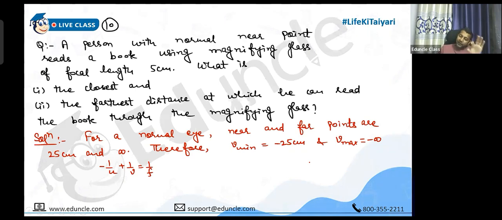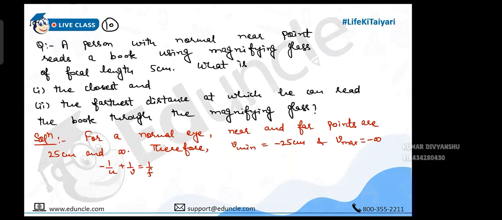If the magnifying glass forms the image of the book within these positions only, then the normal eye can read the book. Have you understood? The nearest point at which the magnifying glass can form the image of the book is at 25 centimeter. Yes, sir. And the max is infinity, of course.